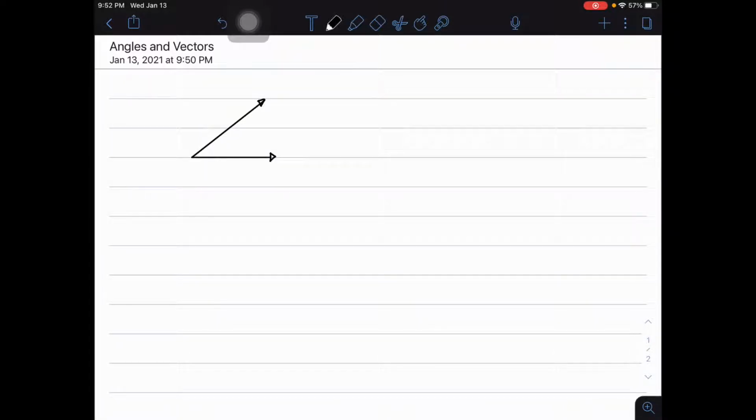So if this is angle A, let's say from this side going to that side, the measurement is 40 degrees. Okay, so this is angle A. Therefore, angle A is equivalent to 40 degrees.